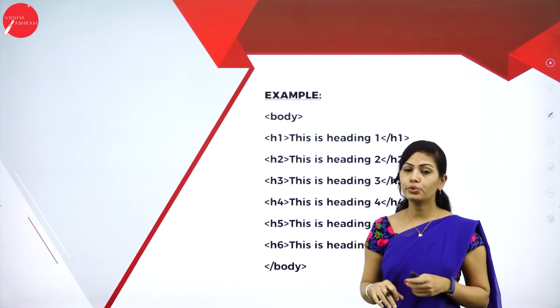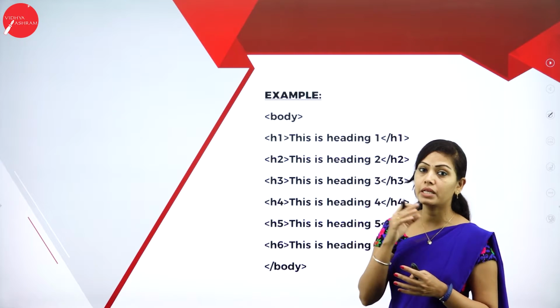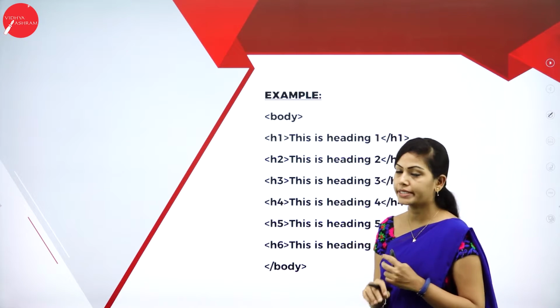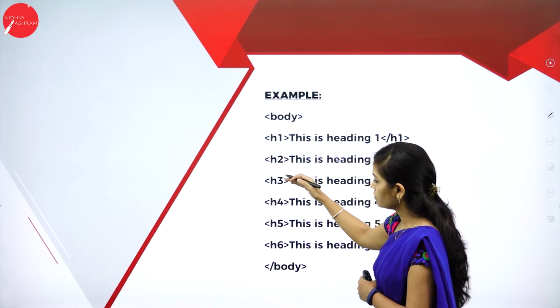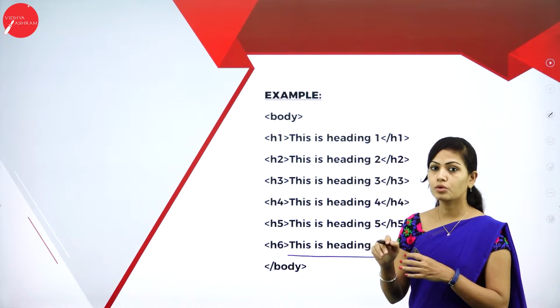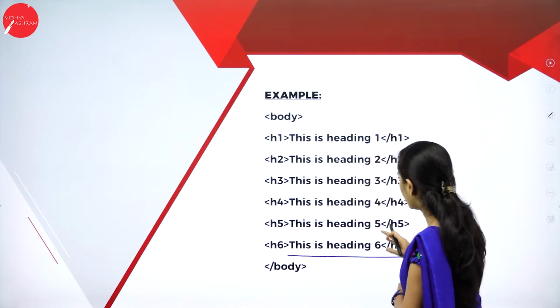As I told you, inside the body tag, you can give heading, paragraph, tables, images, etc. How many headings can we display in your content? Heading 1, heading 2, 3, 4, 5, 6. Up to H6, we can give headings. So H1 to H6.